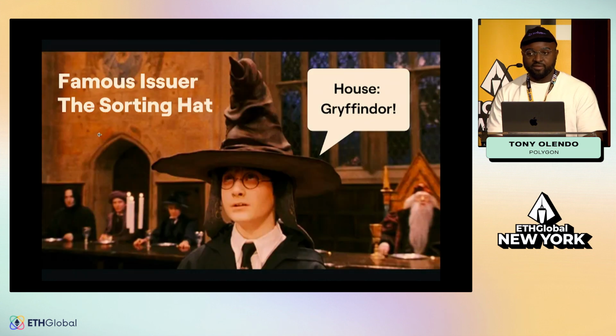But let's expand this to a concept that I guess we're mostly familiar with, at least I hope, right? In a room of people of culture. So I imagine everybody knows Harry Potter, right? You could think of the issuer example being the Sorting Hat that would essentially issue Harry a credential that says you are of House Gryffindor.